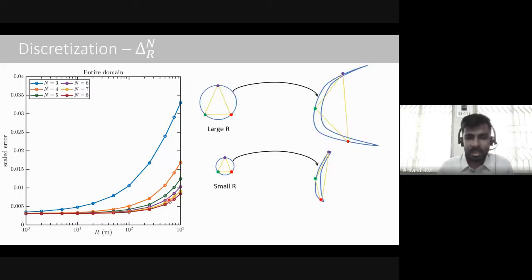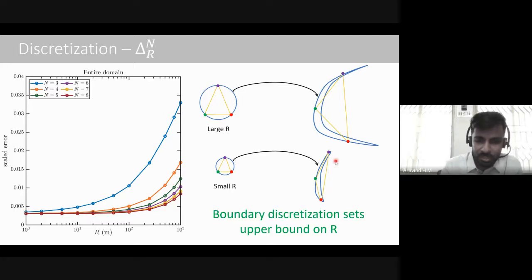The main reason for this is filamentation, as I discussed before. But the key takeaway from here is that boundary discretization, or essentially the number of drifters used per measurement, sets the upper bound on the initial deployment radius for our drifter cluster.